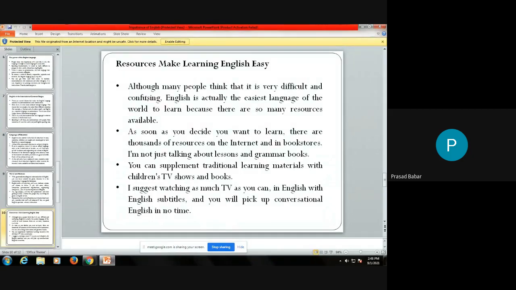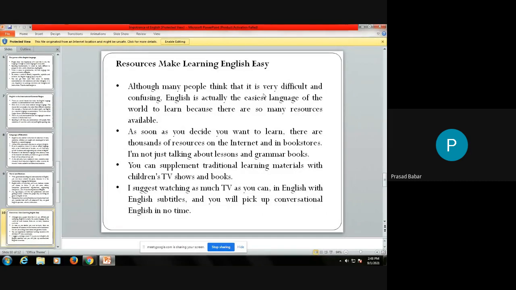Although many people think that it is very difficult and confusing, English is actually the easiest language of the world to learn because there are so many resources available. Many of you think that English is difficult to speak or understand, but it is your misconception.